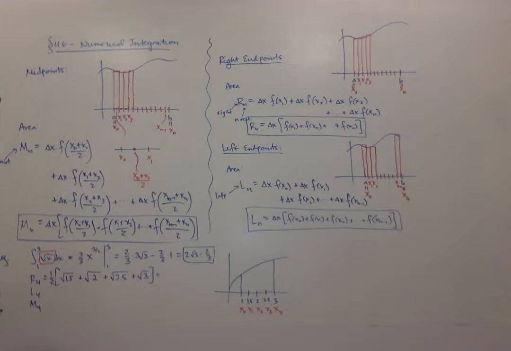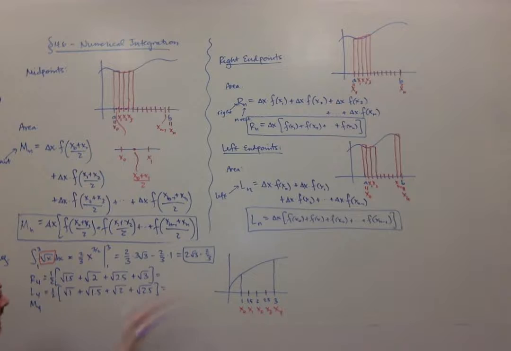Make sense? If I were doing this with left endpoints, according to my formula, I take the width of each rectangle, which is 1/2. But now I'm plugging in the left side, so I'm going to plug in x0. So I want f of 1, then f of 1.5, then f of 2, and f of 2.5.